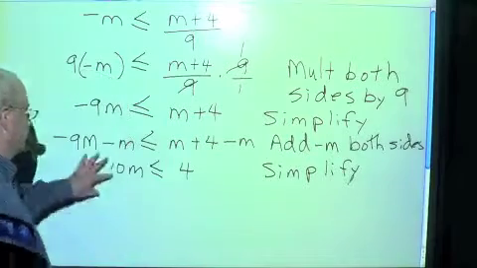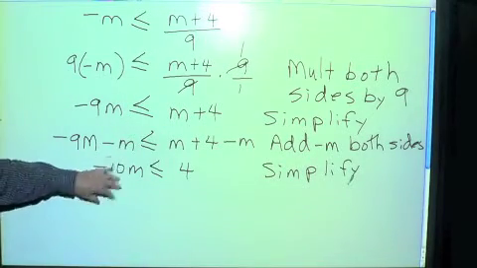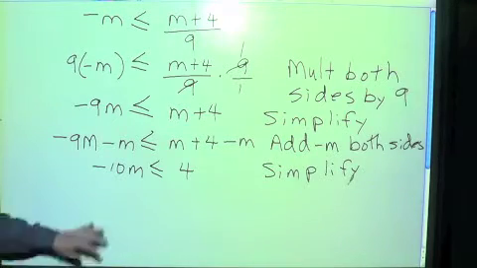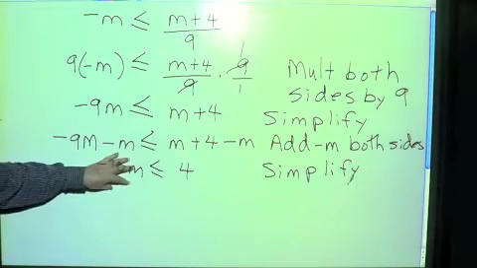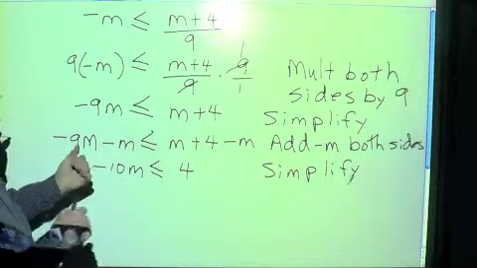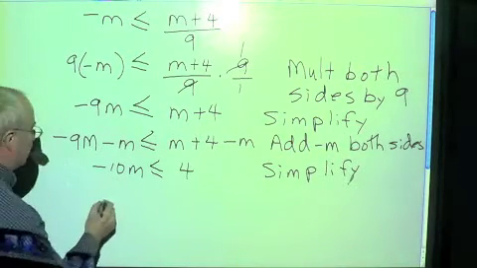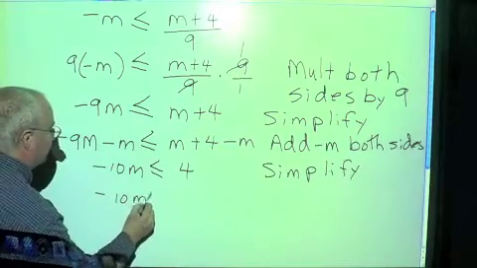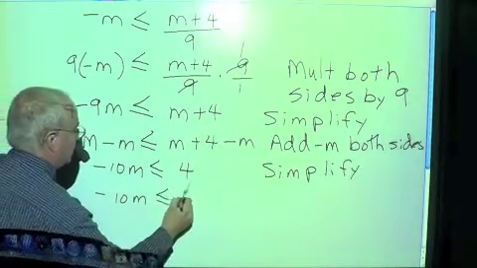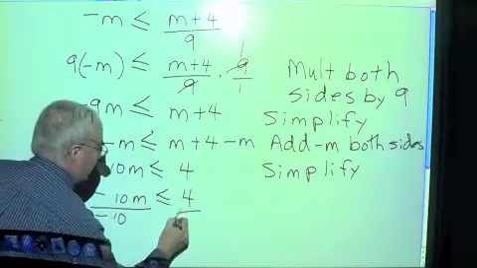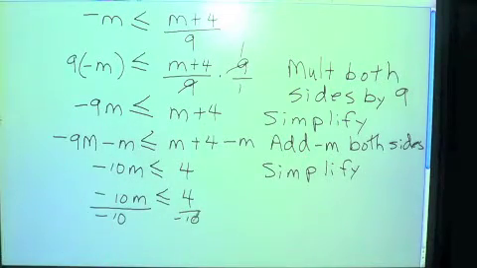Simplify. Next thing we'd like to do is, we've got this negative 10 over here. We really would like to get rid of that and leave m by itself. So what would we do? We would divide by negative 10, just like we divided by negative 25 hundredths in the last problem. So let's do it. Negative 10m less than or equal to 4, divided by negative 10, divided by negative 10. What's going to happen?